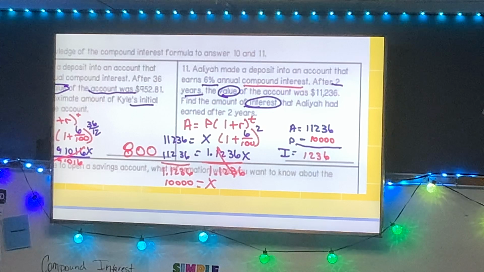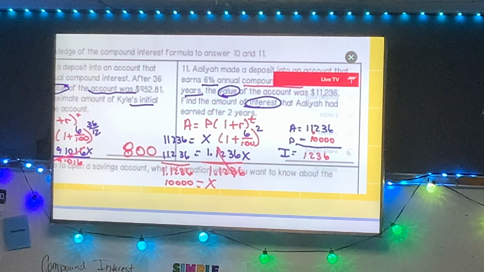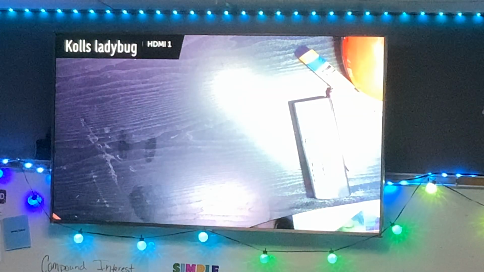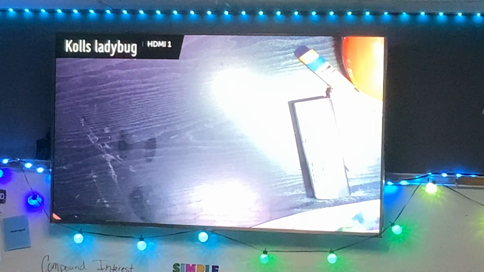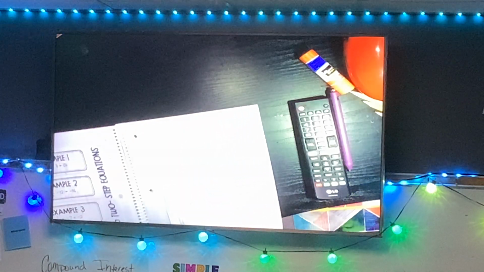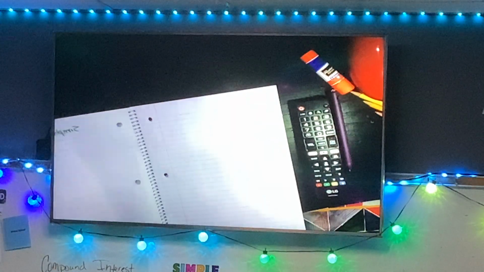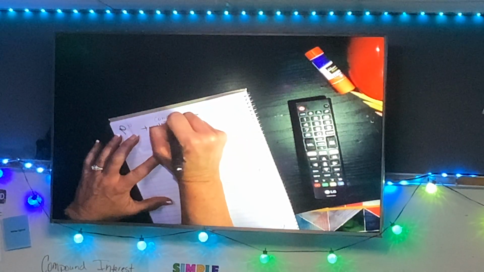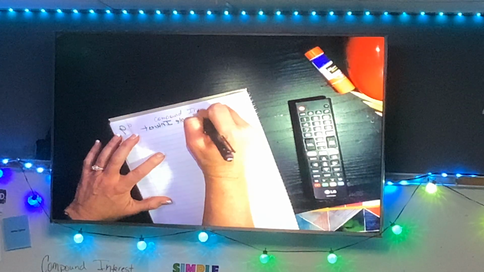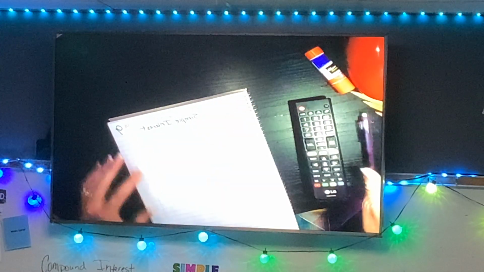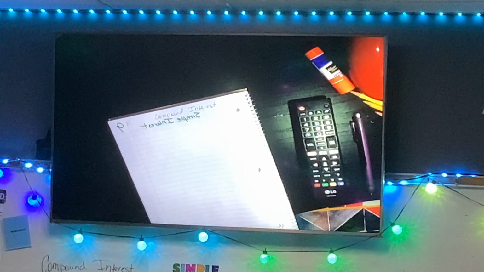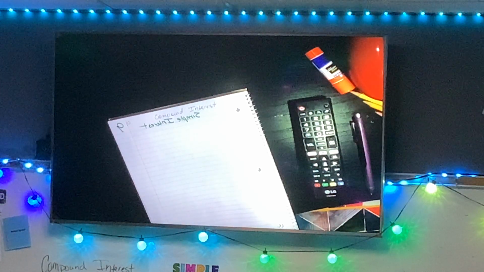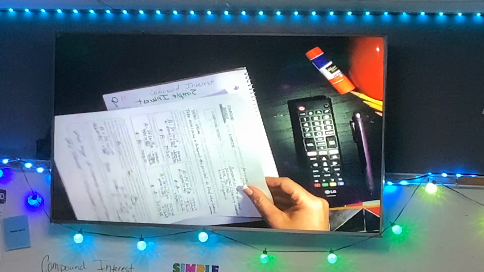Okay, we're going to go to our note spiral and glue that in. Today, all of them, you're just finding the amount in the account, so nothing difficult. We're on page 10. Compound interest. You are going to take this paper that we just did and fold it in half.